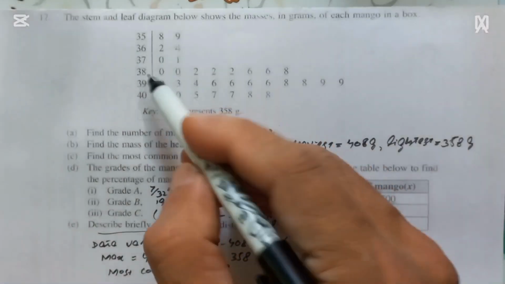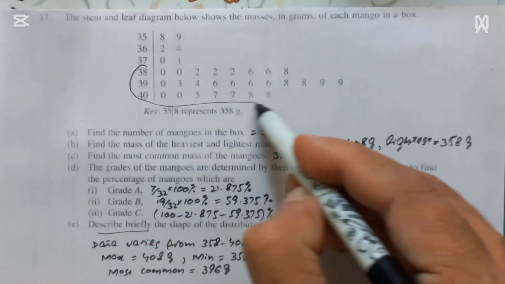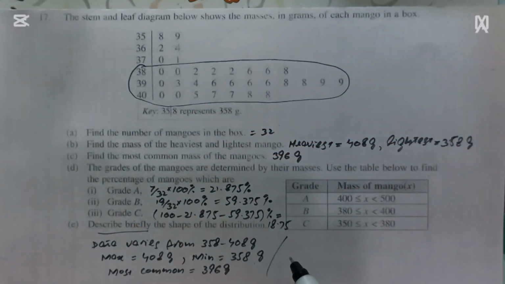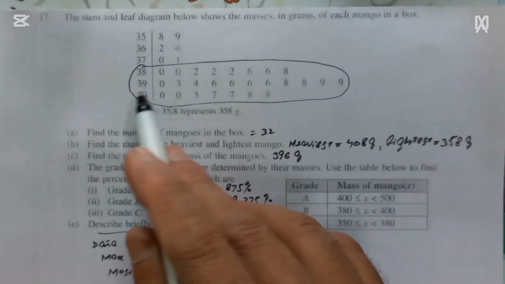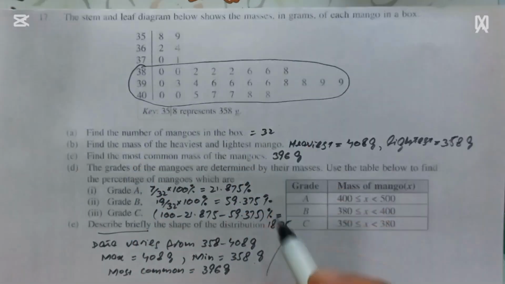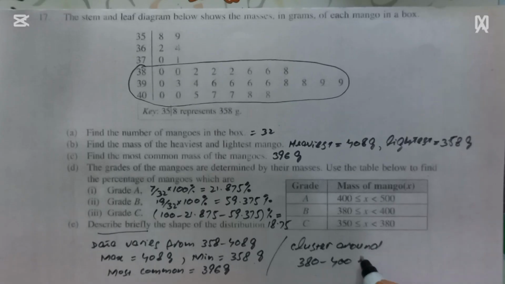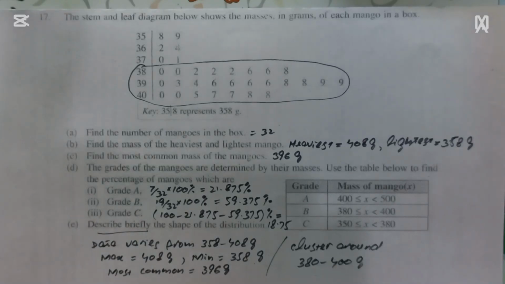So you can clearly see data cluster around 380 to 400 grams. So cluster around 380 to 400 grams. So these things are required in the description.